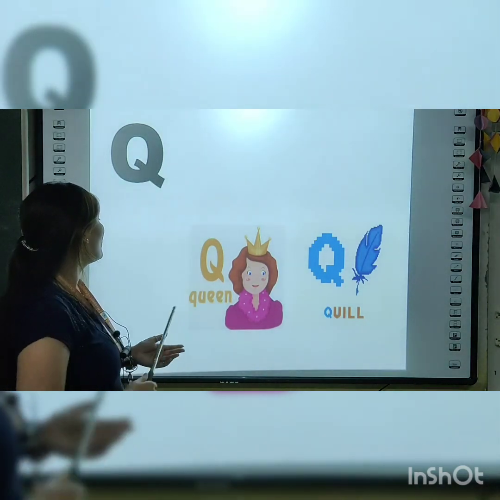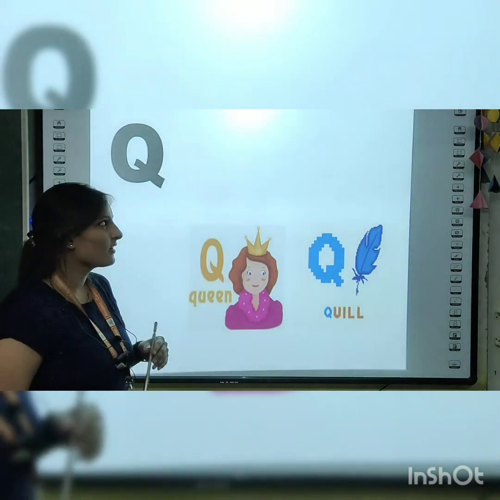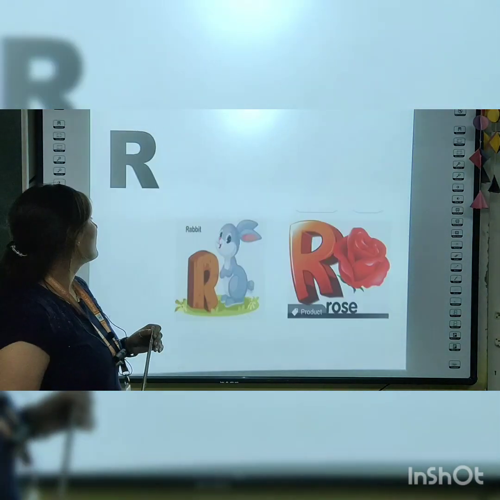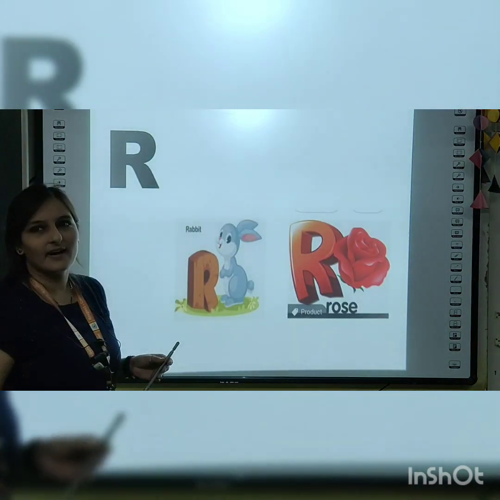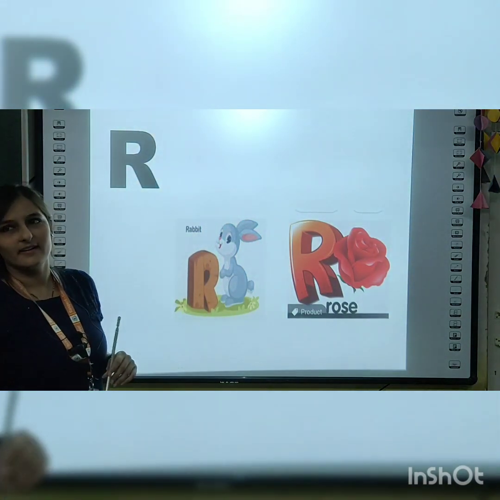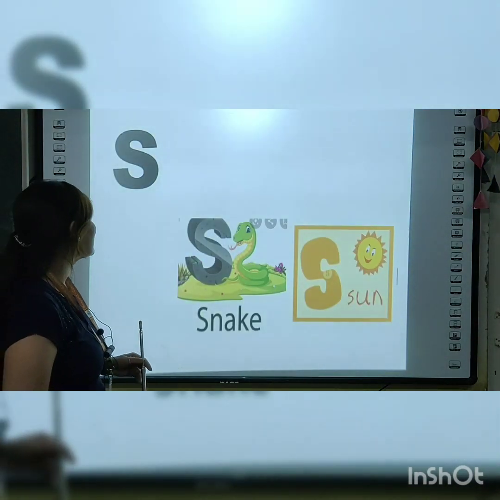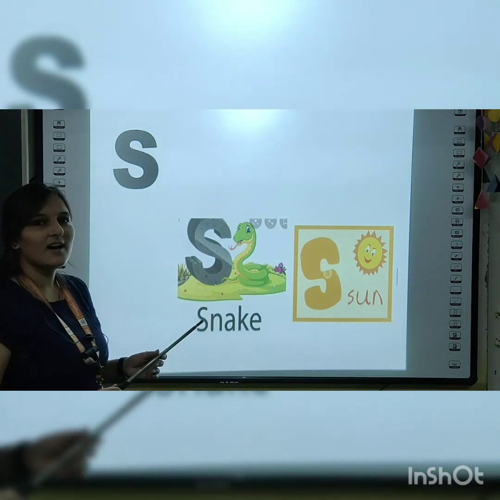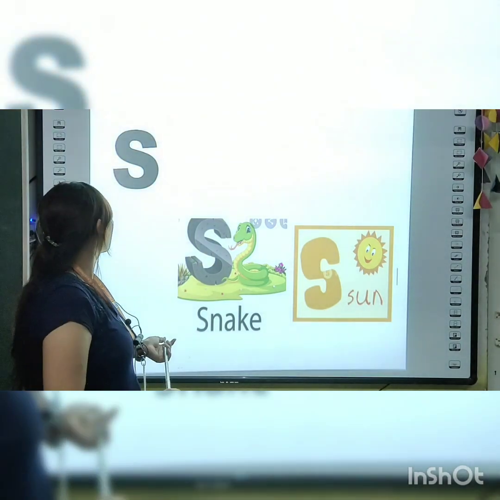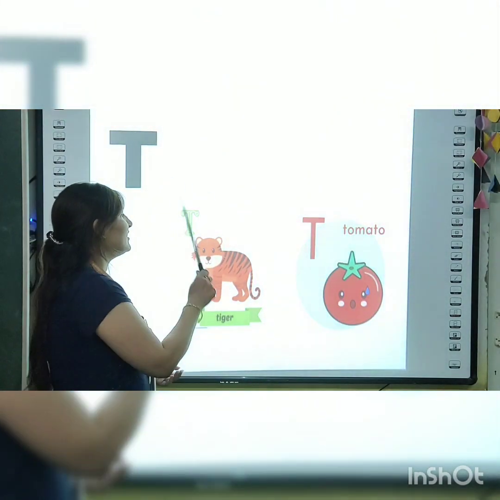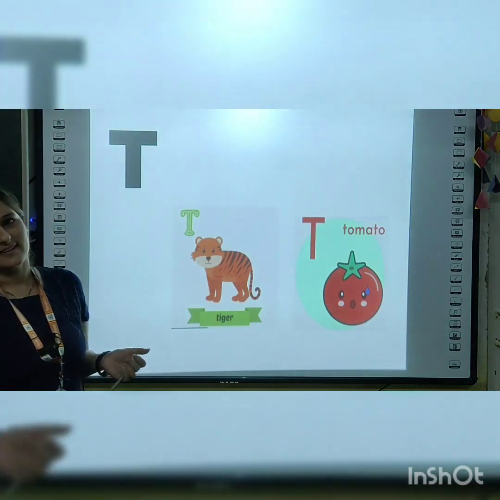Next, Q for queen, Q for quail, R for rabbit, R for rose, S for snake, S for sun, T for tiger, T for tomato.